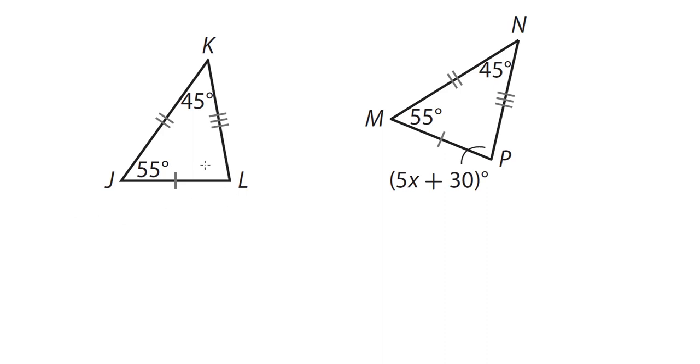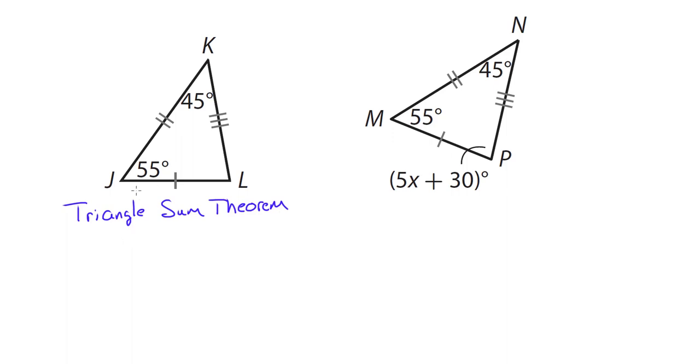First, we need to find the measure of angle L using the triangle sum theorem, which tells us that the sum of all 3 angles in any triangle is always 180 degrees.